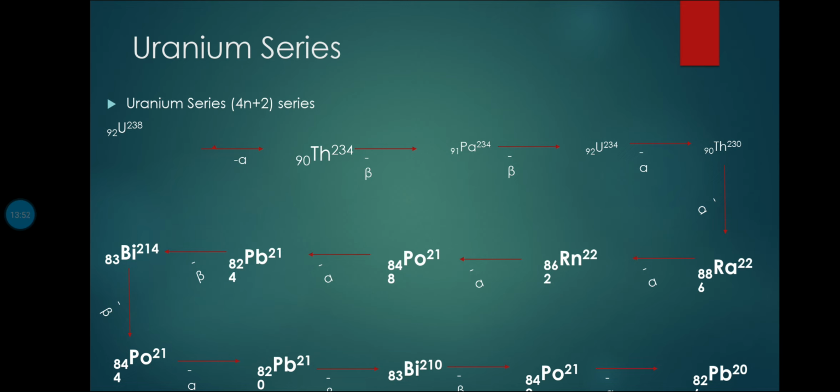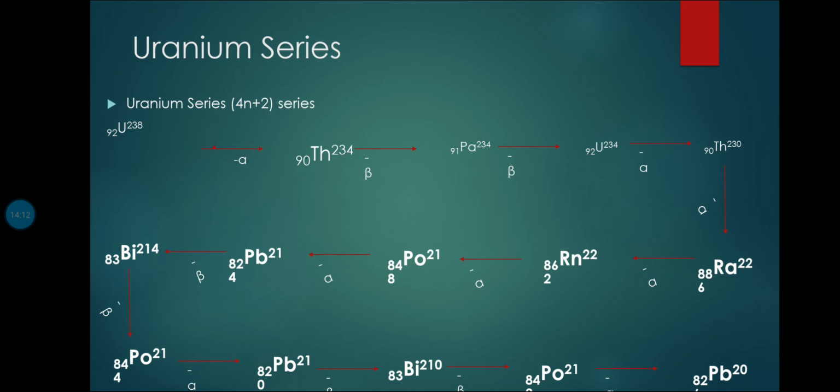Uranium 238 emits an alpha particle. Definitely what is going to happen there? The atomic number decreases by 2, that is, 92 minus 2 is equal to 90.